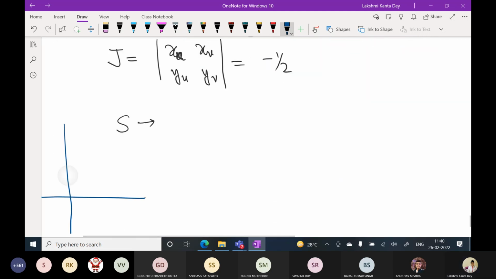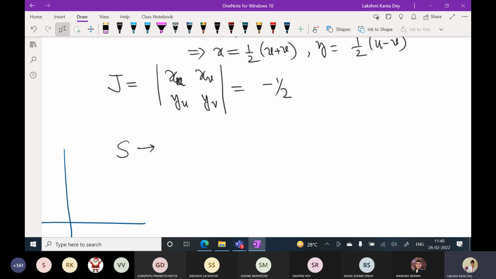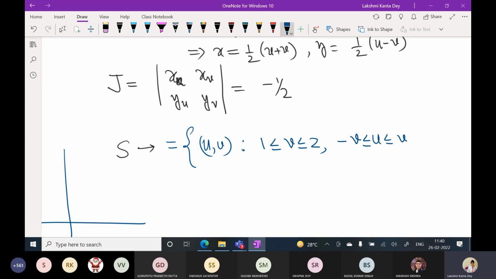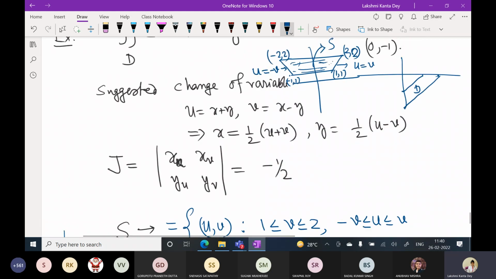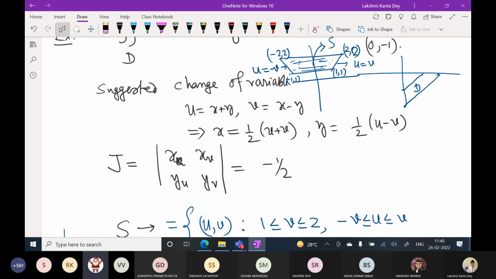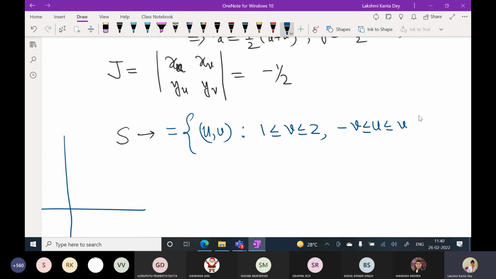That means I can write S in terms of u comma v such that 1 less or equal to v less or equal to 2 and minus v is less or equal to u less or equal to v. You see the picture, then you understand it. So this is your S.